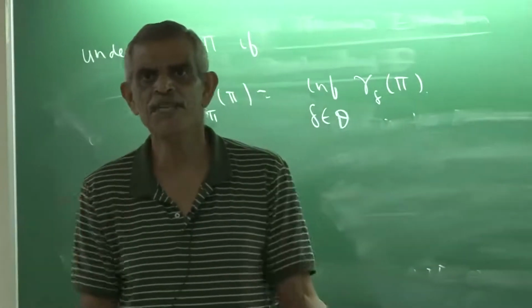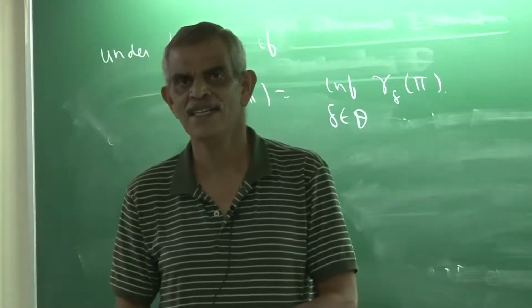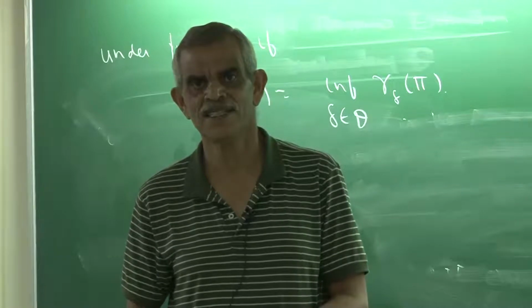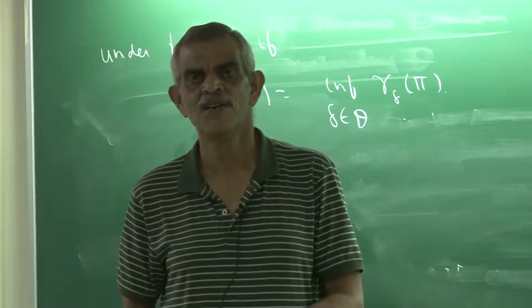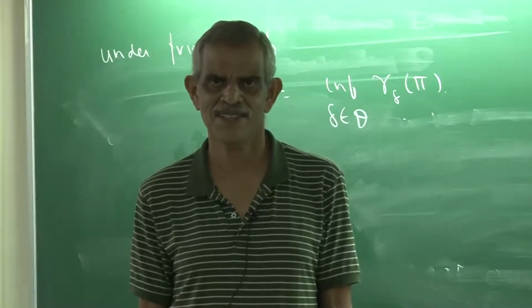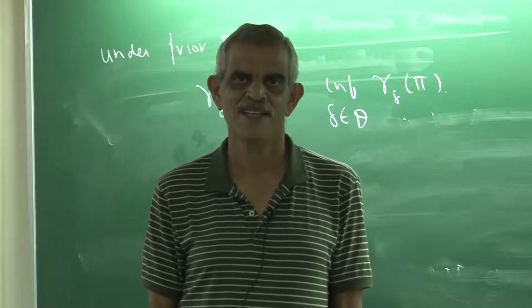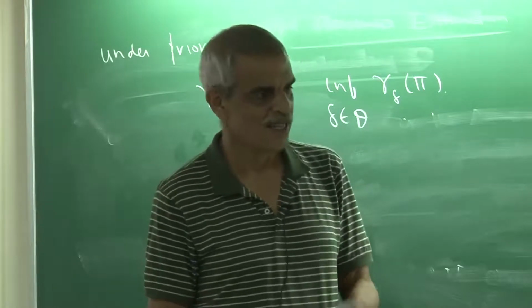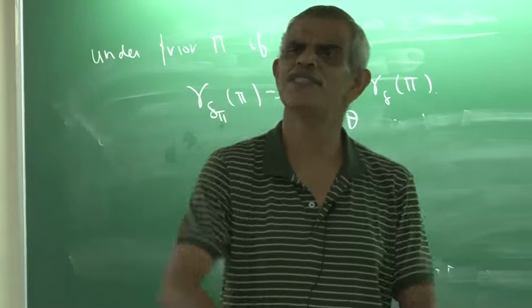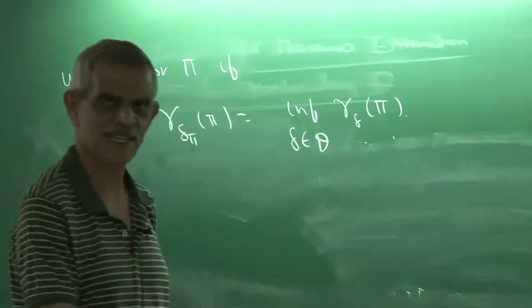You see, minimizing the minimum risk is not possible because, as I said, you can always consider the constant estimator. For the constant estimator, minimum risk is 0 because you have to only minimize it at only one point. So all constant estimators are minimizing the minimum risk at a particular point.